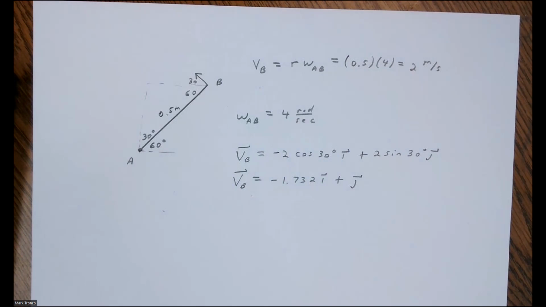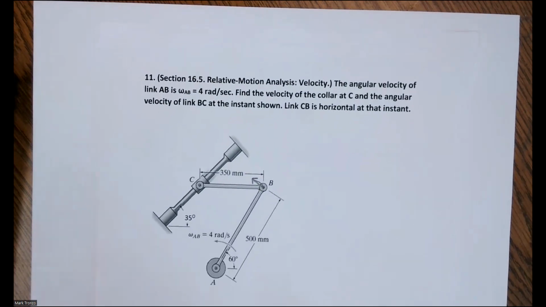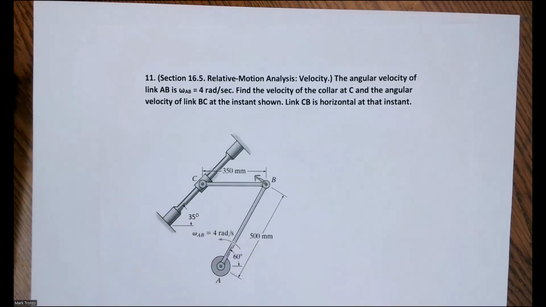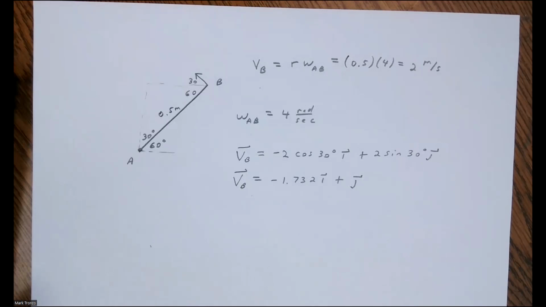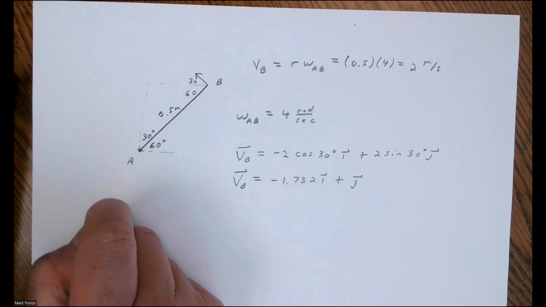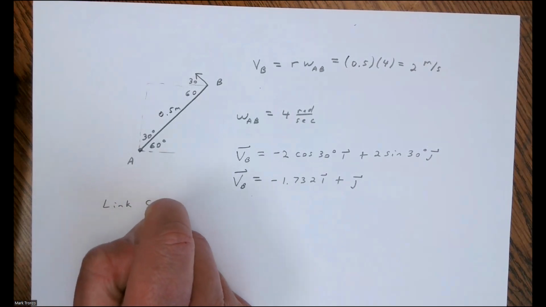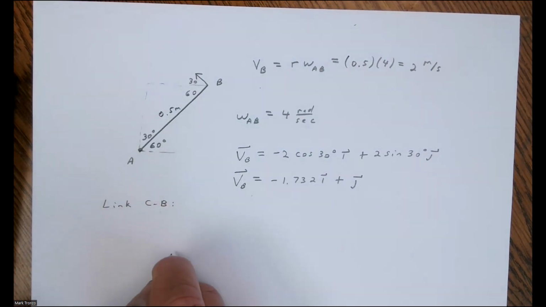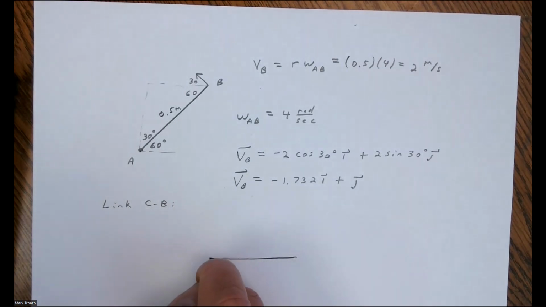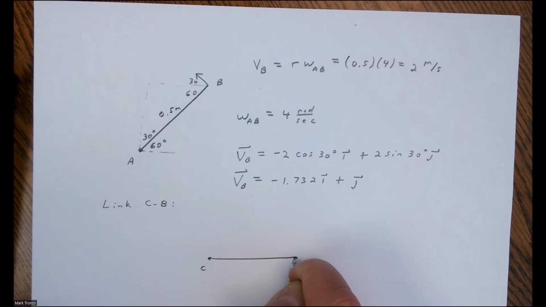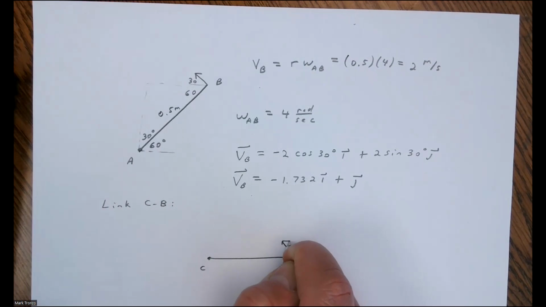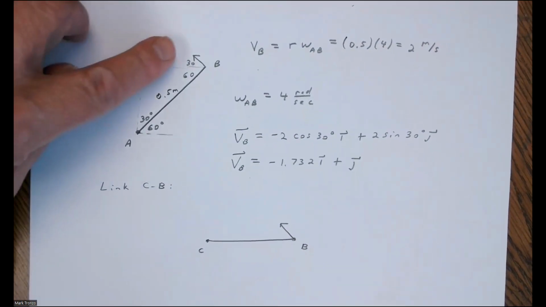Now we can move on to look at link CB. Link CB is this one right here, and it's going to look something like this, with this one going up like it is shown here.